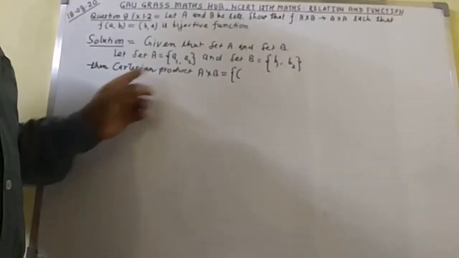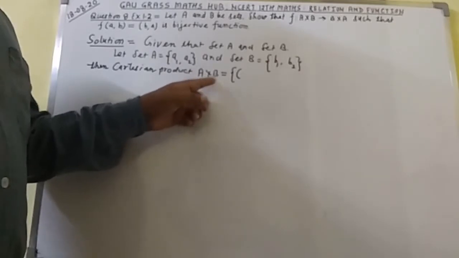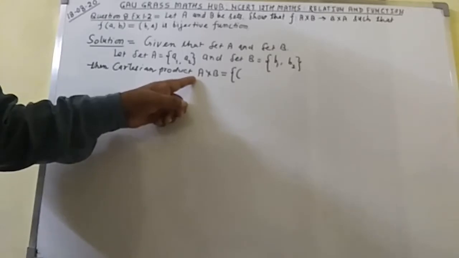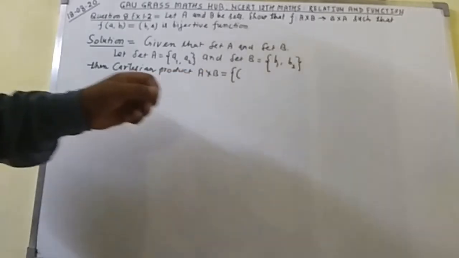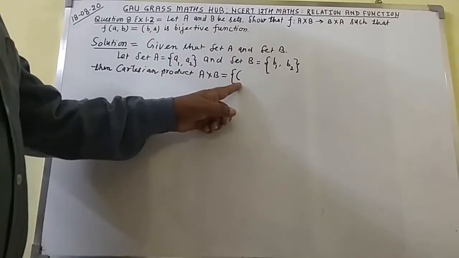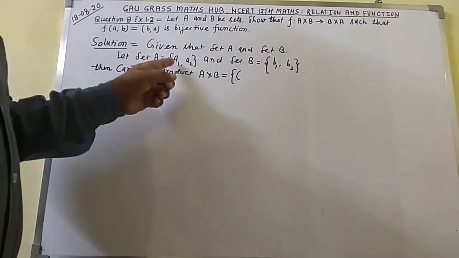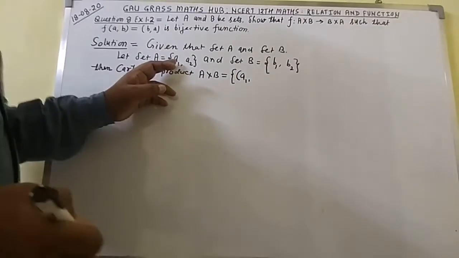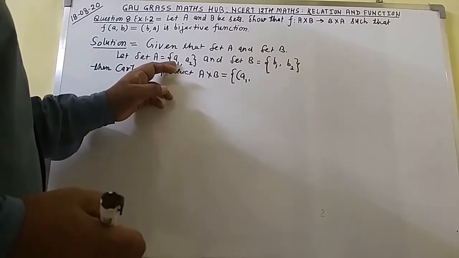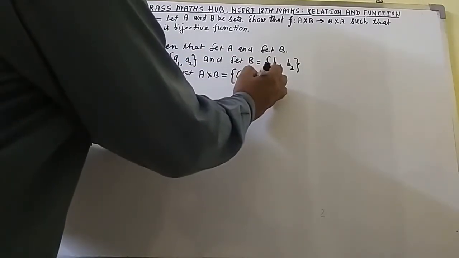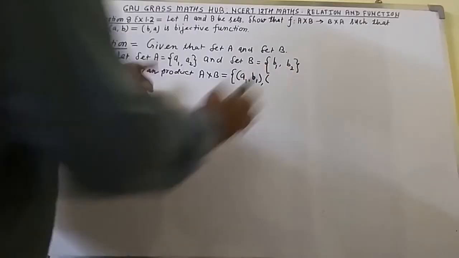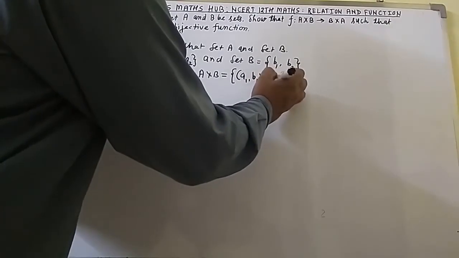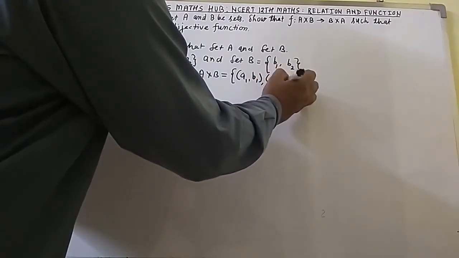Here you can see the Cartesian product A cross B. In the ordered pair, A has come at the first place. In an ordered pair, the first element will be taken from set A. So here I shall write A1 comma. Now A1 will be related to B1, so write B1. Again A1 will be related to B2, so write A1 comma B2.